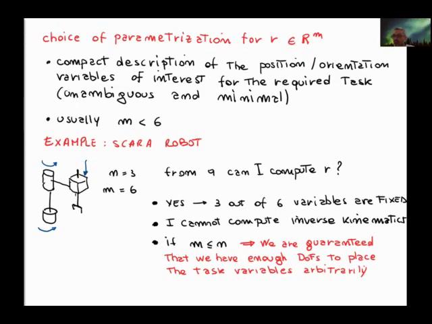And inside this mapping, 2 out of these 6 variables will be fixed. So it's perfectly possible to always compute the direct kinematics, even in the case the number of joints is smaller than the dimension of the task space.